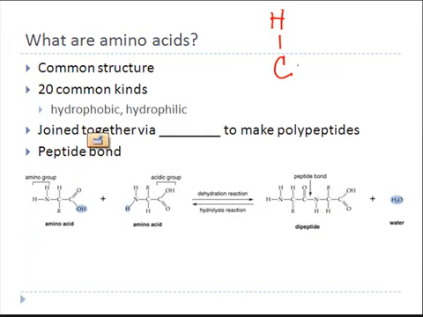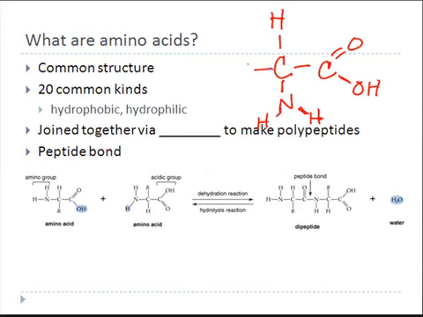They also always have something called a carboxyl group, C double bonded O, and also a C bonded to an OH. And they have something called an amino group, which gives them their name, which is a nitrogen bonded to two hydrogen. Lastly, they have something called an R group.